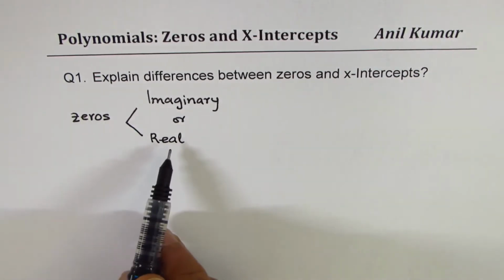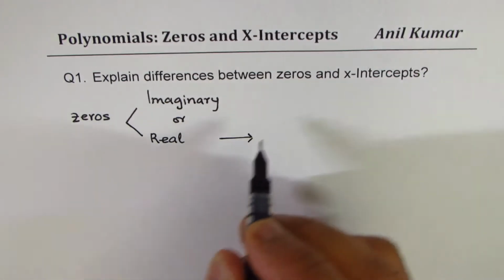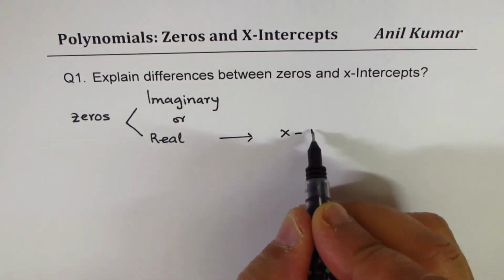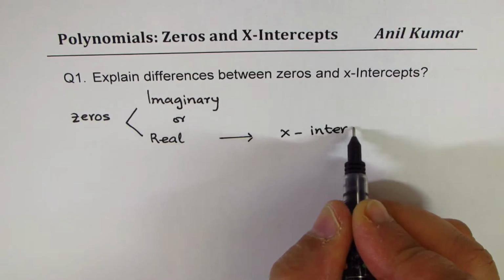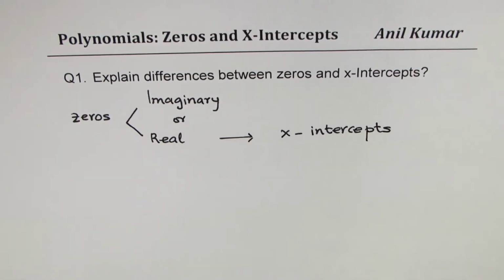Now, the real zeros are actually treated as x-intercepts. So I hope that clearly says everything about zeros and x-intercepts.